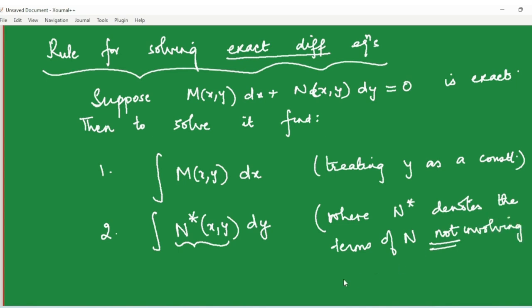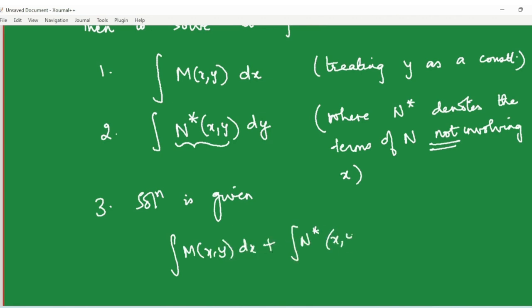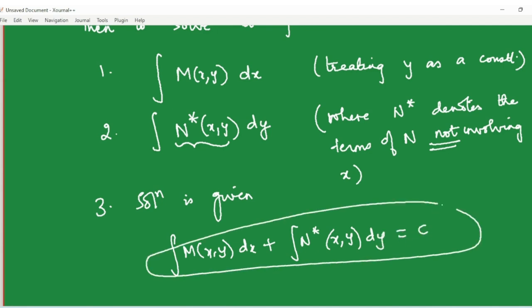So you are to look for terms of n which are not involving x and then integrate those terms with respect to y. And then finally your solution is given by the two integrals that you have obtained in step 1 and 2 respectively. Add them, equate them to a constant, and that's the final answer to your exact differential equation.